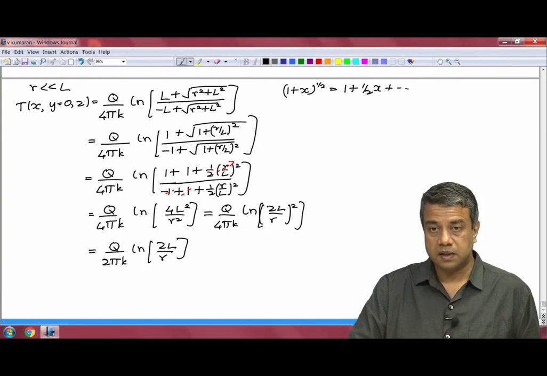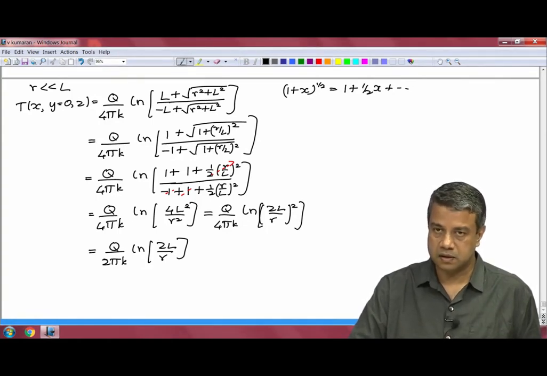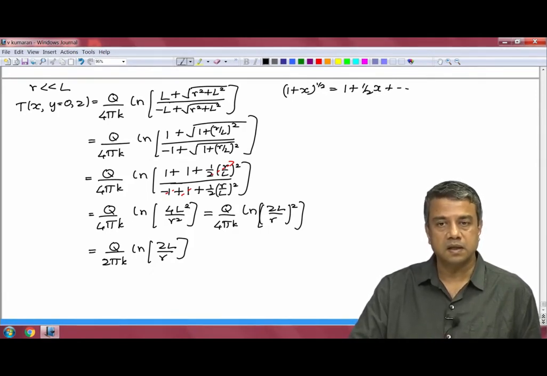So, therefore, the temperature field goes as logarithm of R, logarithm of 1 by R, which is minus logarithm of R, in the limit as the distance from the wire becomes much smaller than the length of the wire.